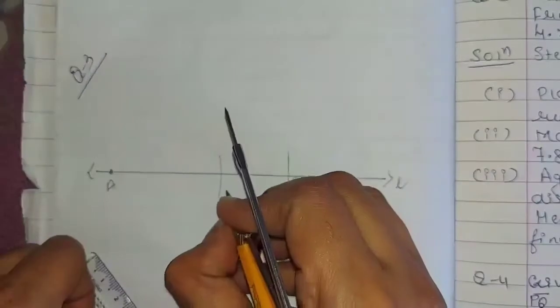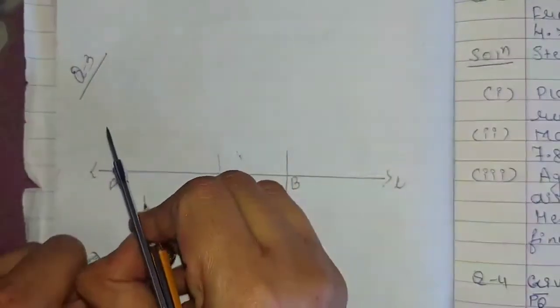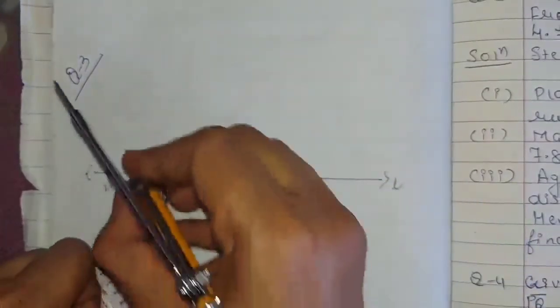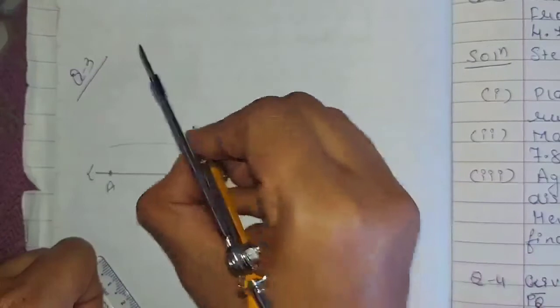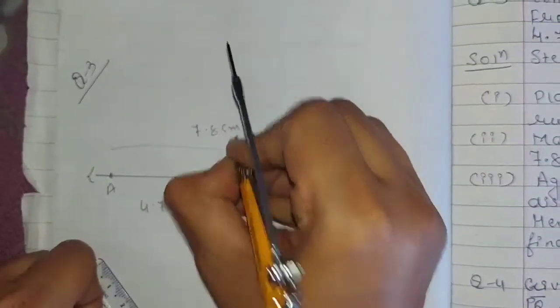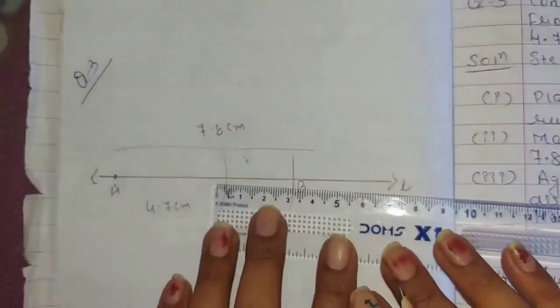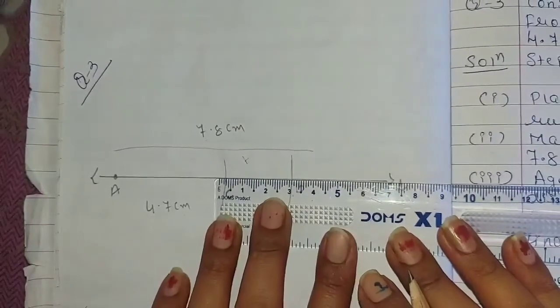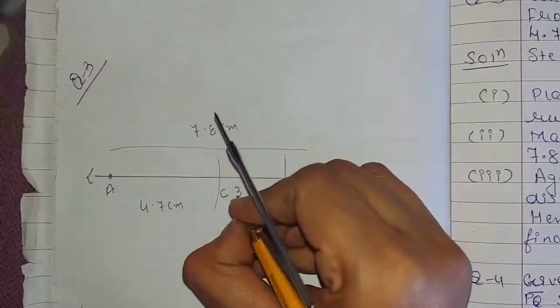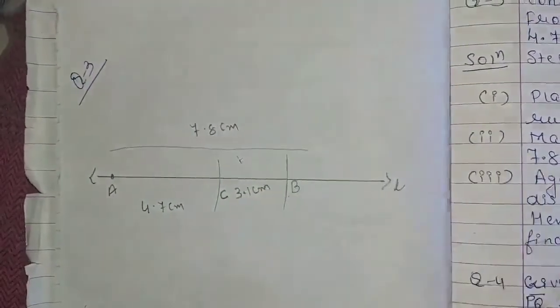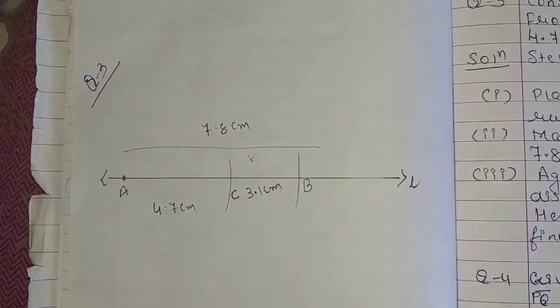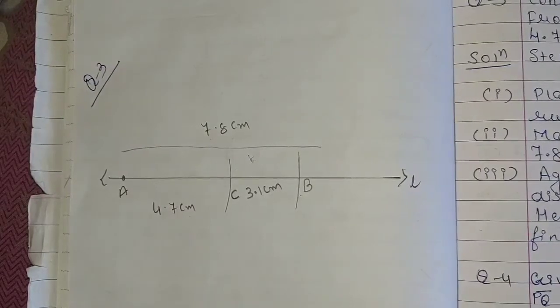So this measurement is 4.7 and here we will give the name C. So this is 4.7 and this measurement from A to B is 7.8 centimeter. Now we have to measure B to C. How much is it that we have to see. It is 3.1 centimeter. So we get B to C measurement as 3.1 centimeter.